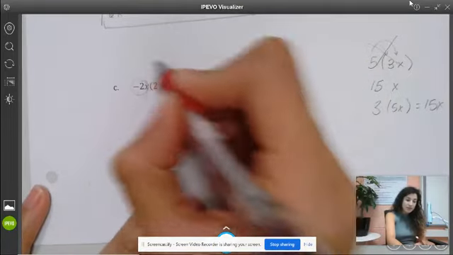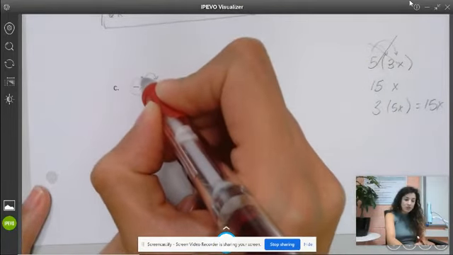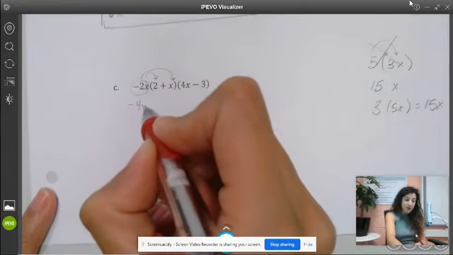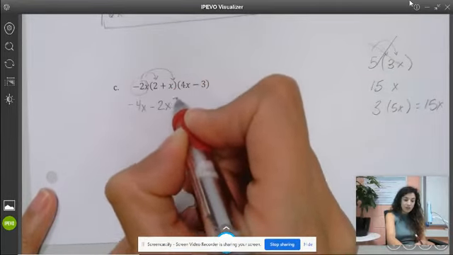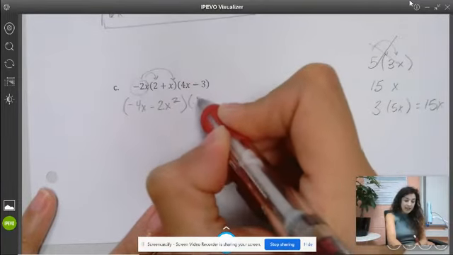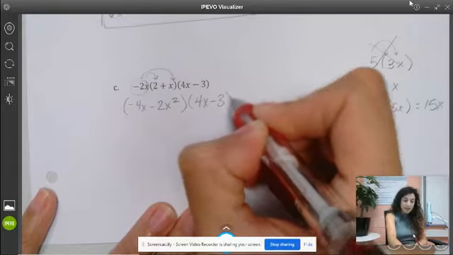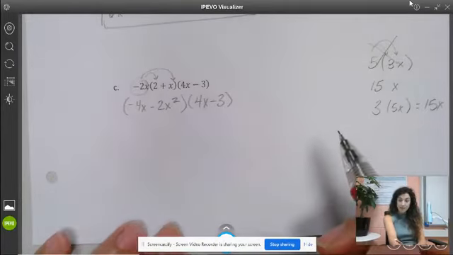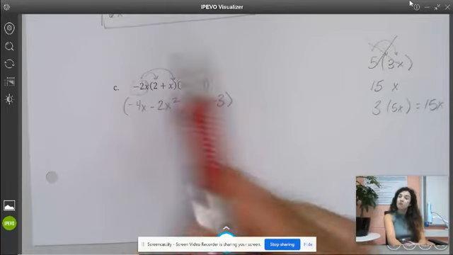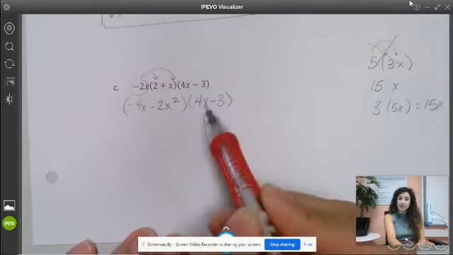So I'm going to take this negative 2x and I'm going to apply it to 2 and to x. So I get negative 4x minus 2x squared. I still have that 4x minus 3 that I haven't done anything with yet, so it's just been brought down. Now all I need to do is do my FOIL distribution with these guys.